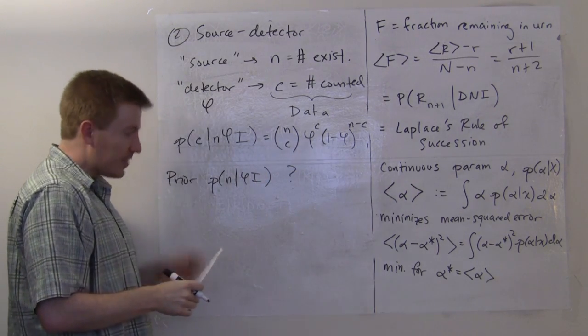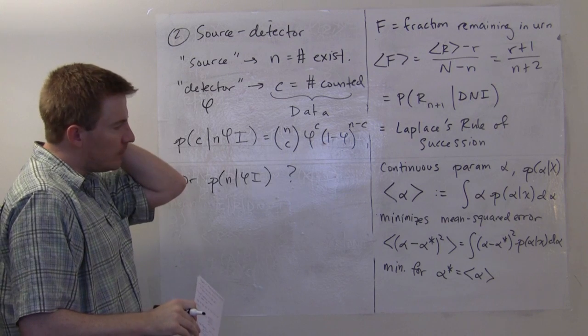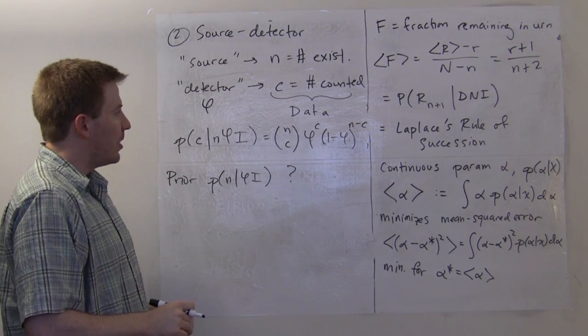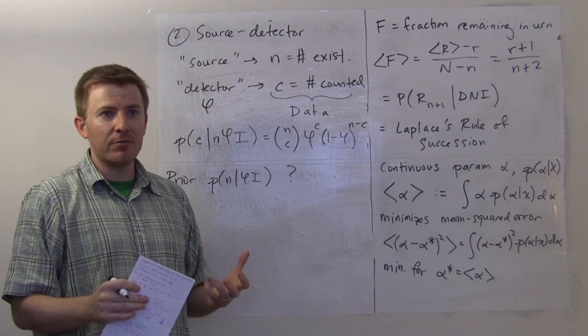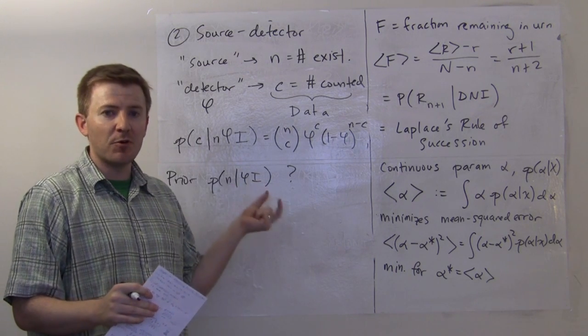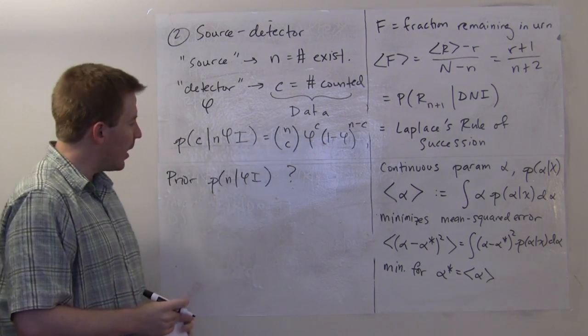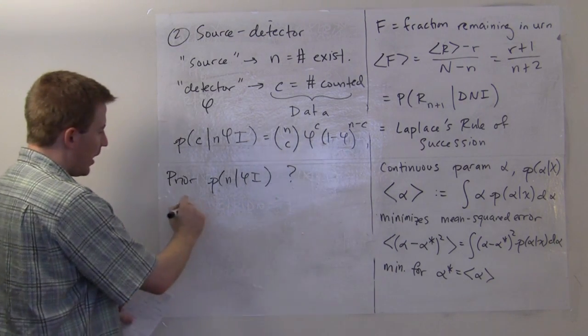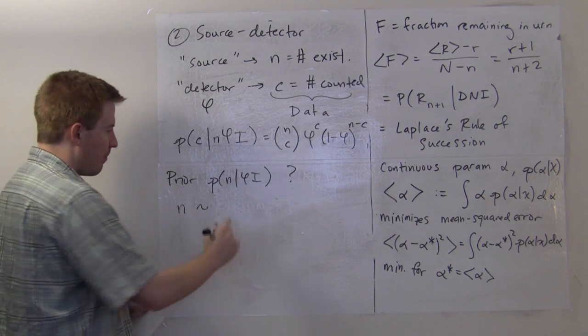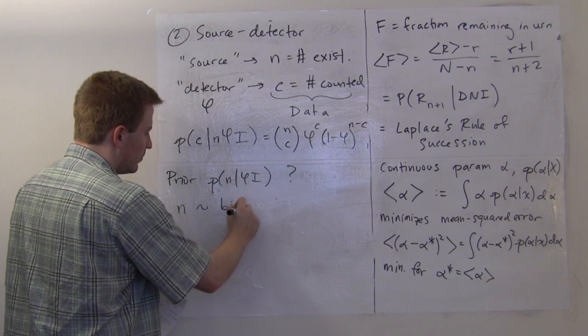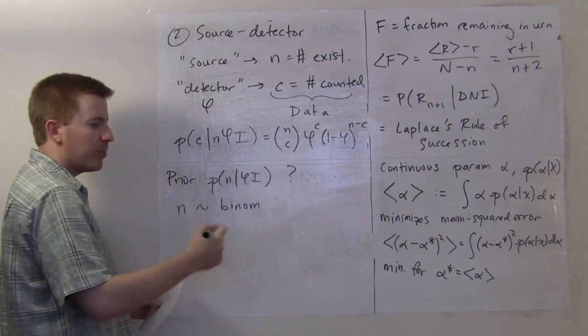Okay, what kinds of priors might we use? Well, Jaynes mentions a couple of them. One general class of distributions that's going to be very useful for problems like this is where we assume that n comes about from some binomial distribution generation process.